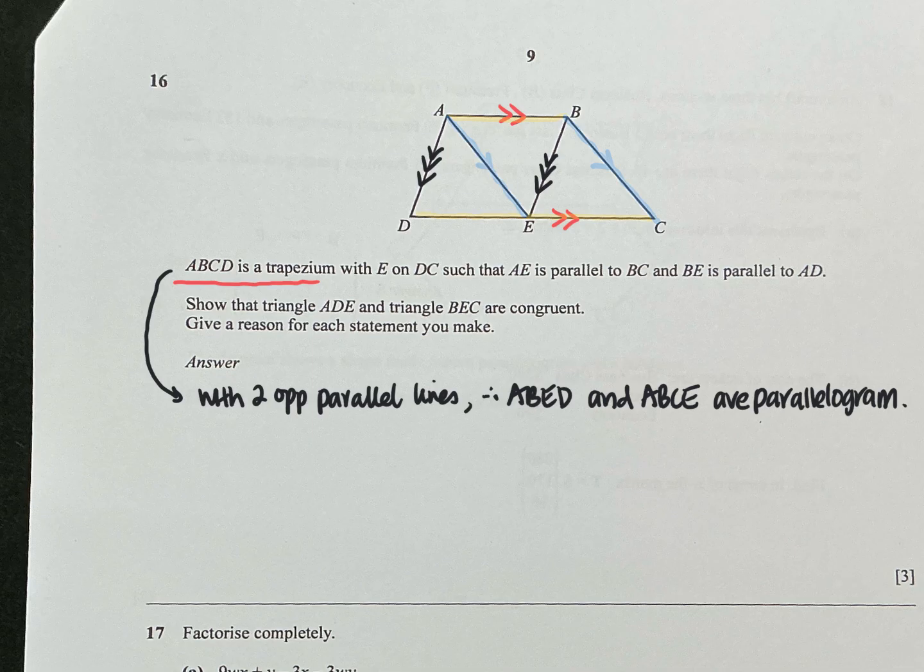Because if you have that, it's very easy for you to prove this triangle is congruent to this triangle. Okay, because first thing first, if I refer to this parallelogram, I know that the opposite sides of a parallelogram are equal. So I can write AE is equal to BC. Opposite sides of parallelogram.